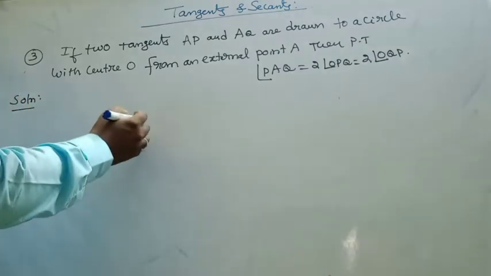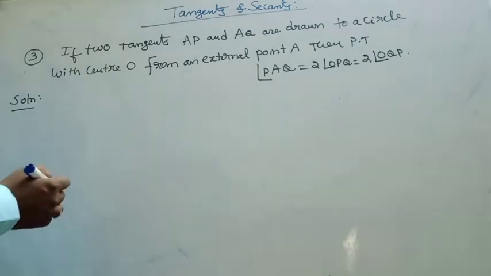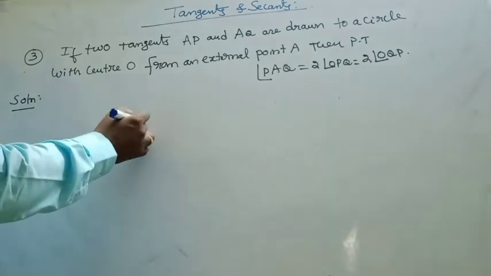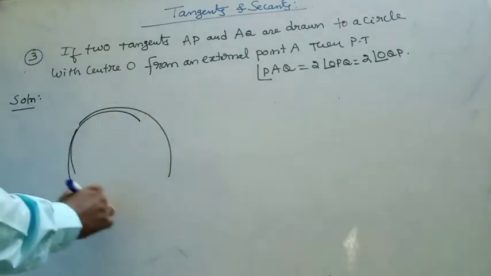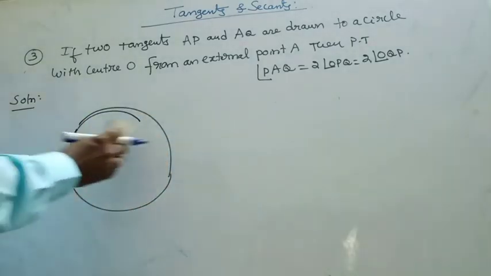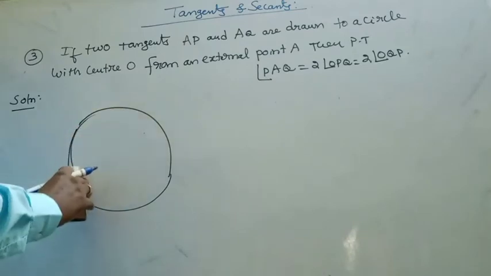See, my dear students, we have a circle with center O and an external point A. The circle is like this, right?